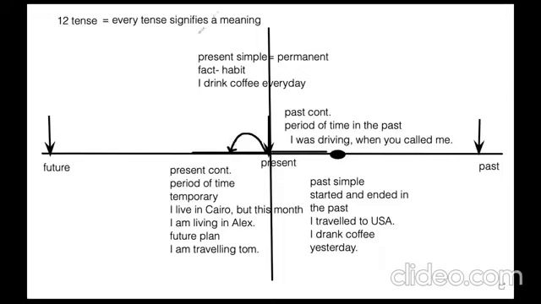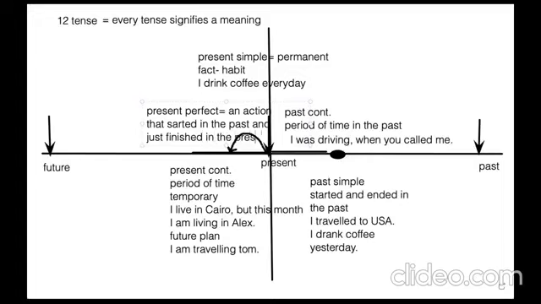We use the present perfect to refer to an action that started in the past and just finished in the present, all right? So, and just finished in the present.